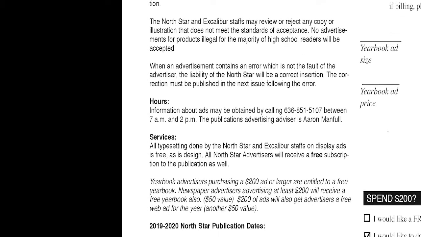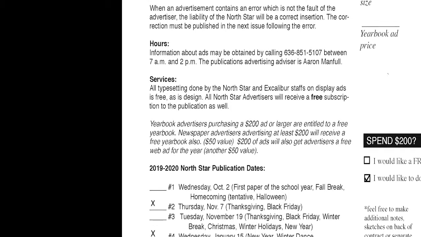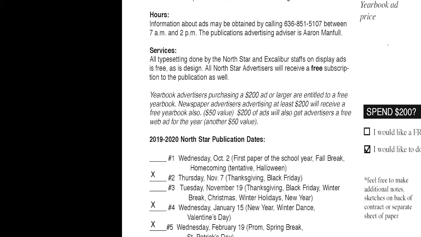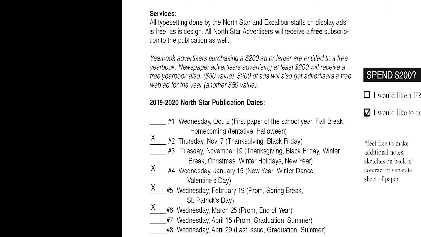But that's really for the advertisers to know a little bit about our ad process and how to contact us if they need to. Now you see, probably two-thirds of the way down that mechanical requirements section, there's a thing called services, and it does say that all typesetting is done by the newspaper and yearbook staffs, and that's free. So designing the ads is free for them.